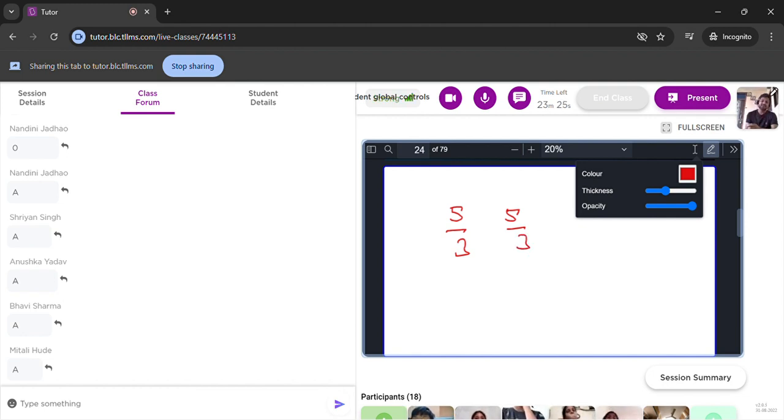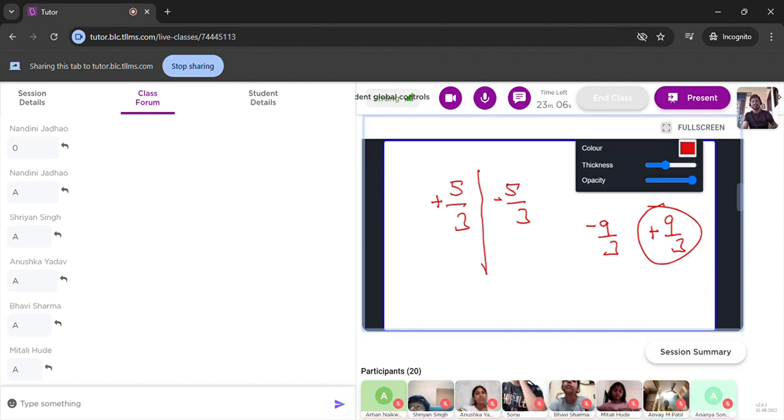If this one is positive, then this one will be negative. As you can see here, if we are given a negative number, 9 by 3, we have to change its sign. If this one is negative, its additive inverse will be positive 9 by 3.